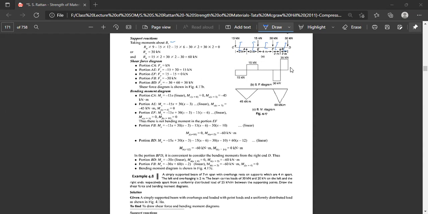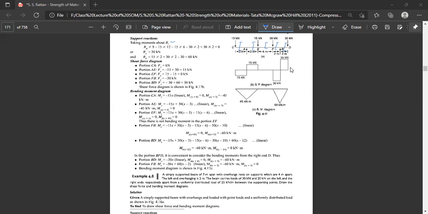So we put them as they are and take this equation: M at x is equal to minus 15x plus 30 into x minus 3 minus 15 into x minus 6 minus 30 into x minus 10. So M at x equal to 10, which means at the point F, it becomes 0.